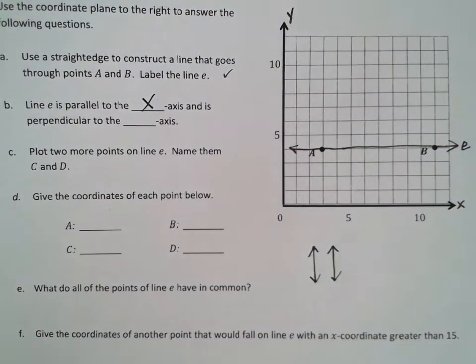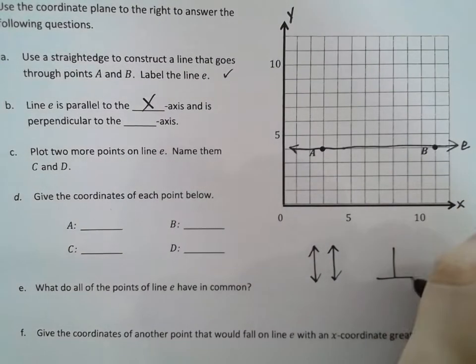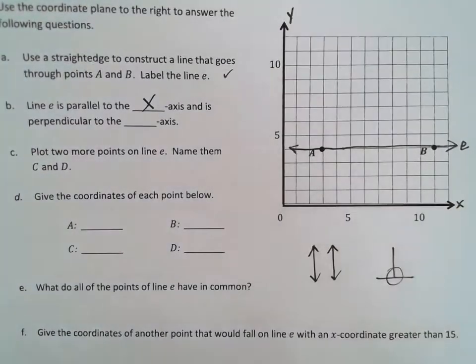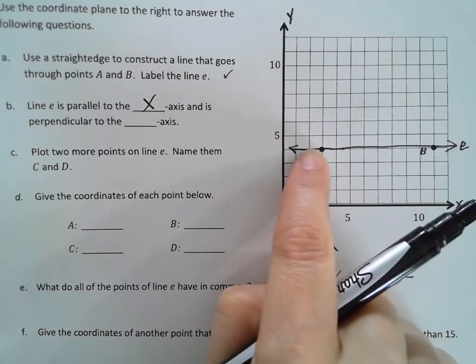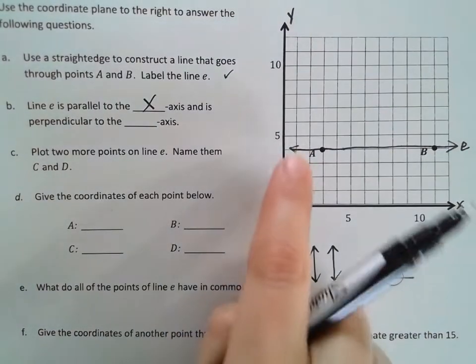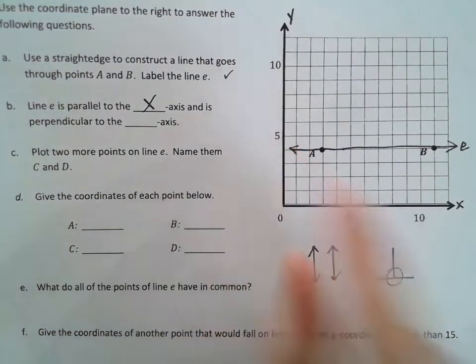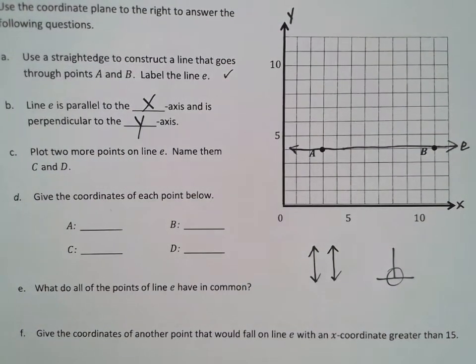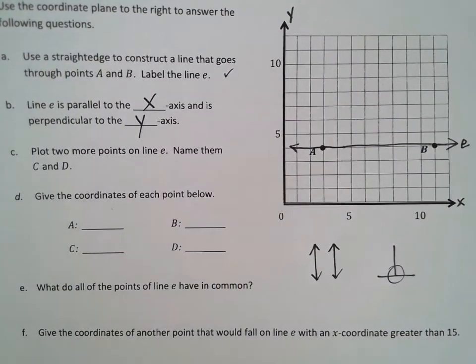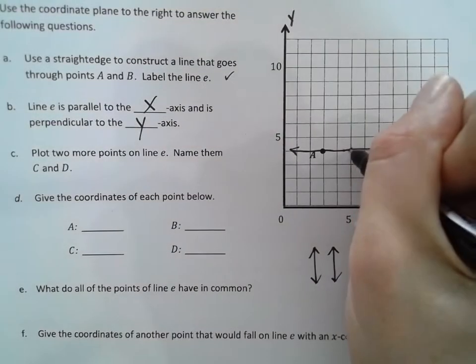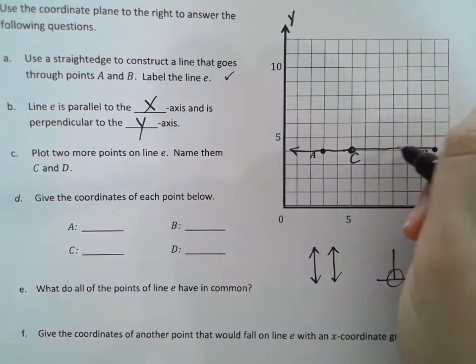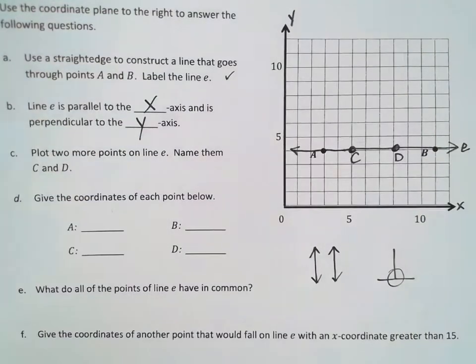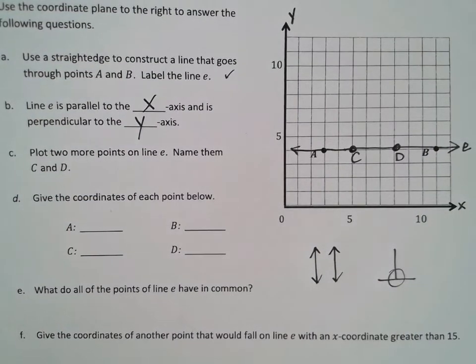And perpendicular, remember, forms those right angles. The E line is perpendicular to the y-axis, because if it were to keep going, it would create right angles. Yes, very good. It says, plot 2 more points on line E. Name them C and D. So we sort of just did this, didn't we? C and D. Okay.